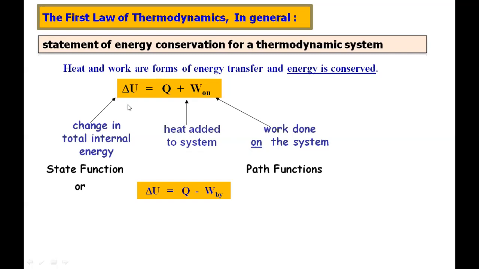And delta U is change in total energy, state as a function, or delta U equals Q minus work by, إذا done by the system. إذا بدنا ننتبه، إذا كان عندي work done on the system فالwork راح يكون positive. أما إذا كان الwork done by the system راح يكون عندي إيش negative.